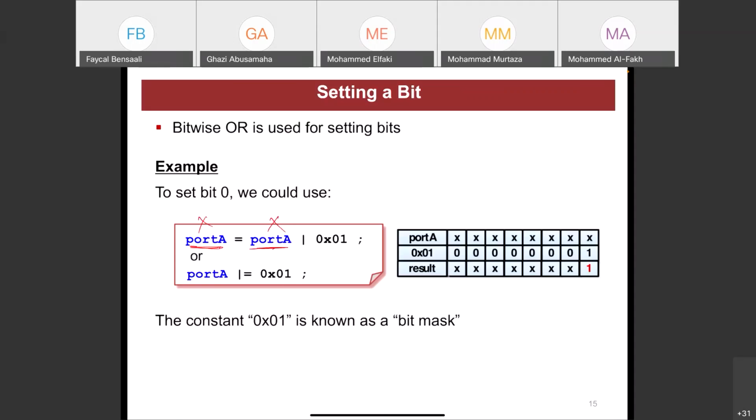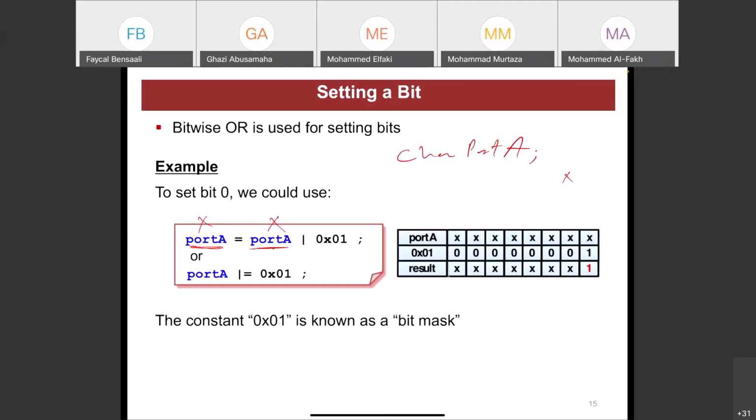Let's say that port A is declared as char. I'm working with 8 bits in this lecture, but the same applies to any number of bits, 16, 32, or whatever the size. It's the same logic. So char port A, we get this port A as an input, and then we want to change its first bit.